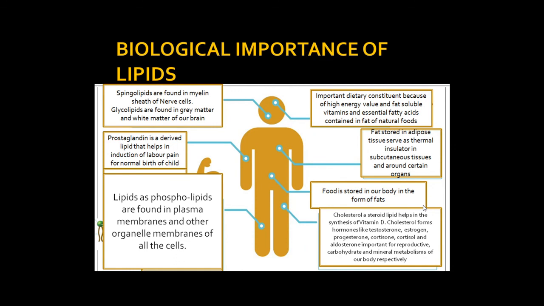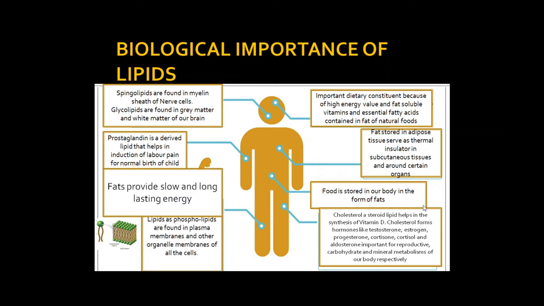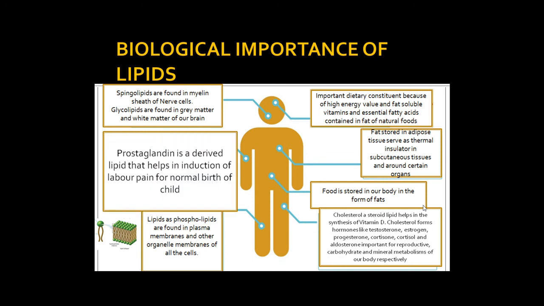Lipids, as we have seen, as phospholipids, are found in plasma membranes and other organelle membranes of all the cells. Fats provide slow and long-lasting energy. Prostaglandin, which is a derived lipid, helps in induction of labor pain for normal birth of child.